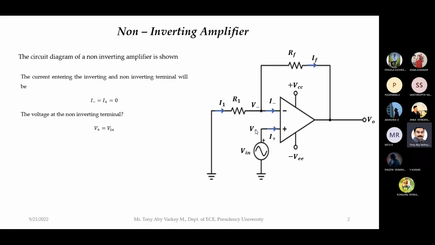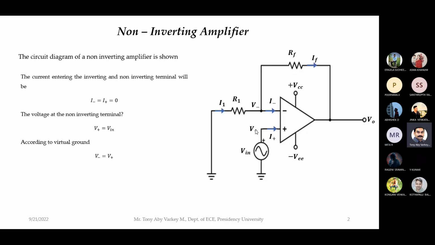Yes, sir. Okay. So now according to the virtual ground concept, V minus should be equal to what? V plus. What is V plus here? V in. So what should V minus be?